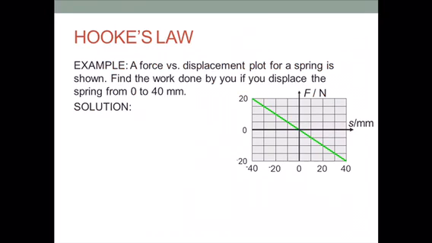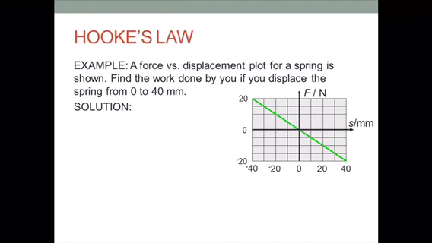Let's look at an example of Hooke's law. A force versus displacement plot for a spring is shown. Find the work done by you if you displace the spring from 0 to 40 millimeters. On this plot, we can see that the spring force is displayed by the green line.